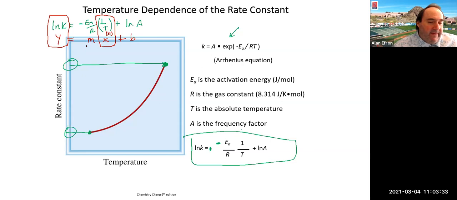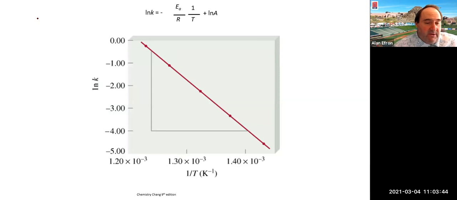And the slope of that line will actually allow us to solve for the activation energy. So when we do that graph, which is what this graph is showing, it is showing what I just wrote there, minus Ea over R times 1 over T plus the natural log of A. Again, y equals mx plus b.